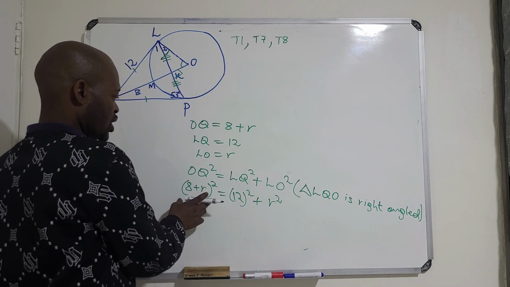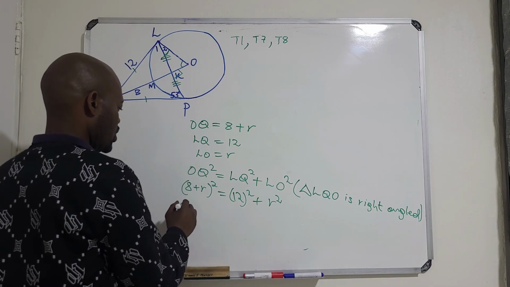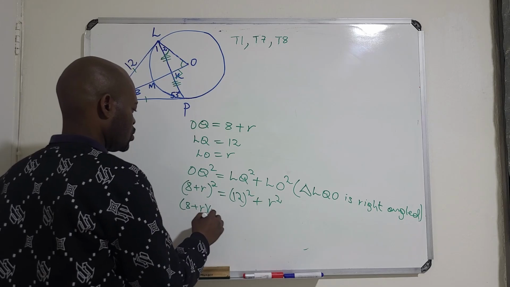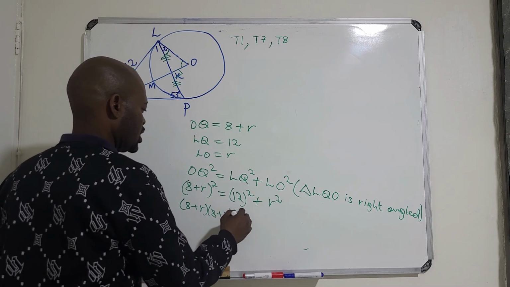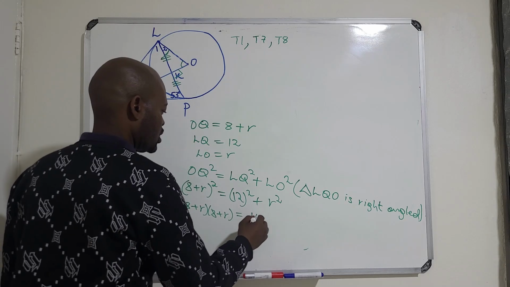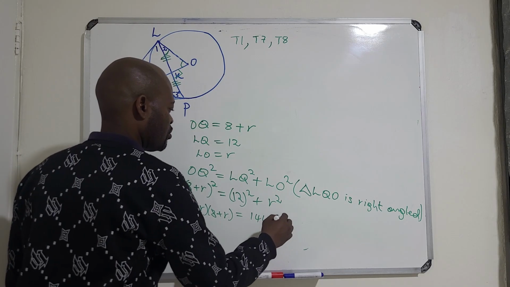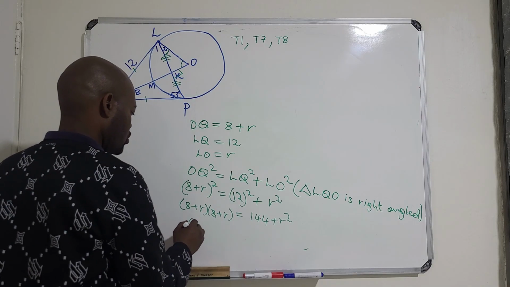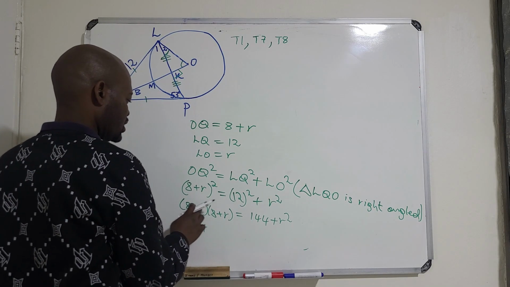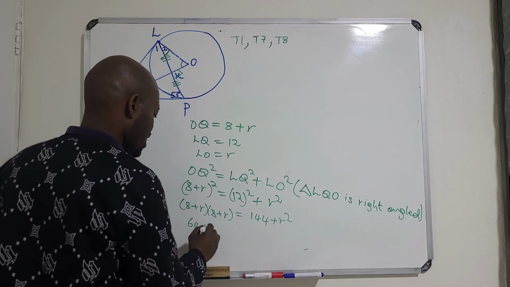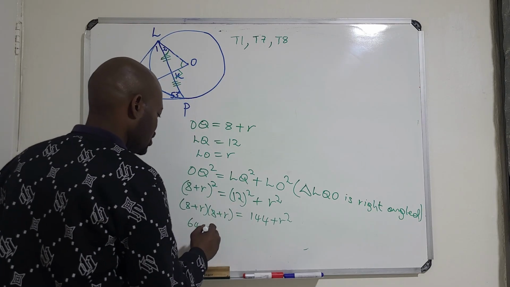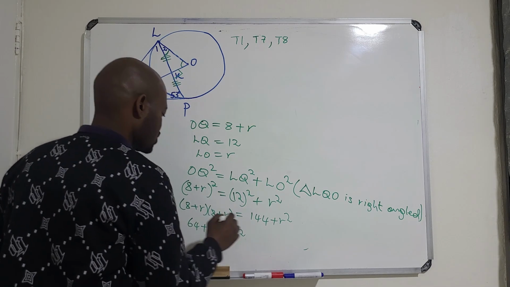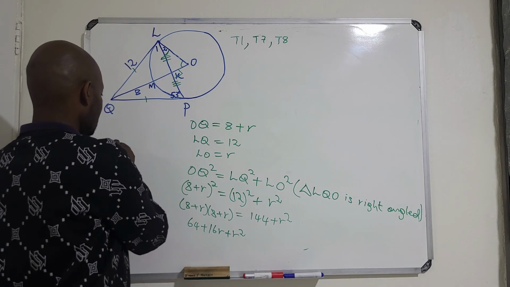Here we open the brackets of 8 plus R: 8 times 8 is 64, plus 8R plus 8R, which is 16R, plus R squared. So this equals 144 plus R squared.